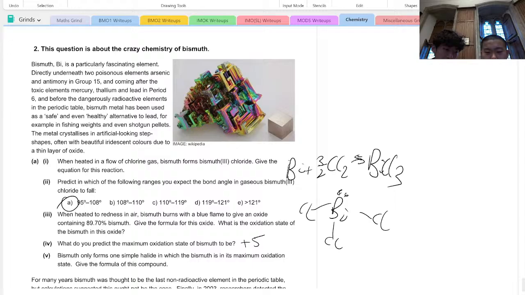So I think maximum oxidation state. Realistically, it's probably gonna be fluoride. Is it fluoride? Yeah.